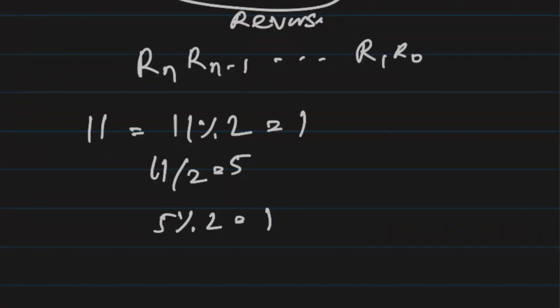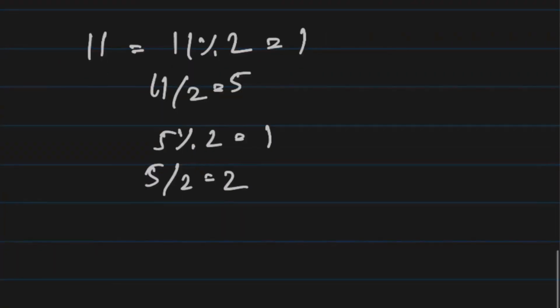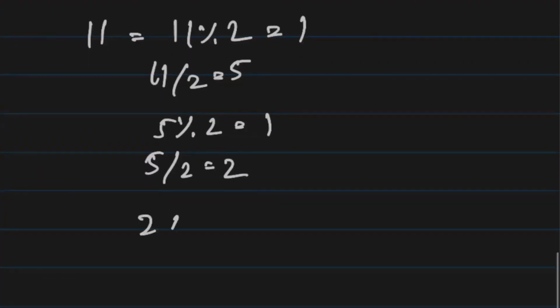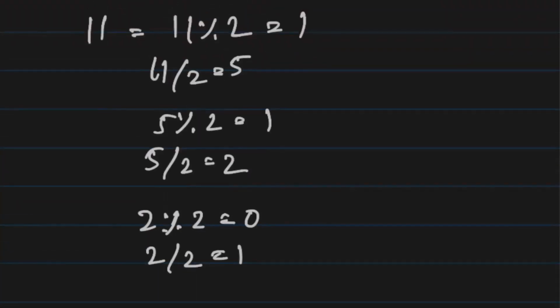After that, what we have is 5 by 2, which equals 2, right? Now 2 remainder 2 is 0, then 2 divided by 2 equals 1, right? After that, what we have here is 1 remainder 2 equals 1, and 1 by 2 equals 0.